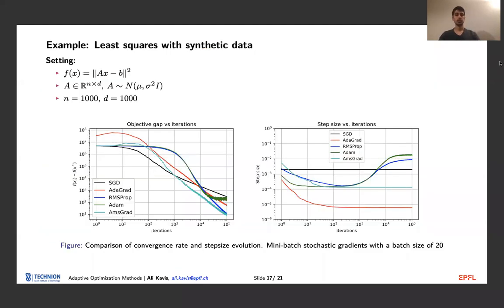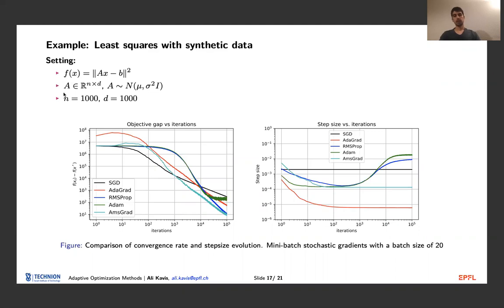So we have a least squares problem here, which is a convex problem, and we're dealing with synthetic data. So here, this is the least squares formulation, and the way we generated the matrix A is that every element of A comes from a Gaussian distribution with mean mu and variance sigma squared.